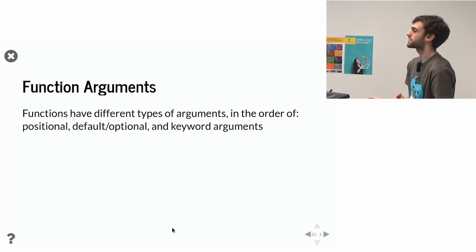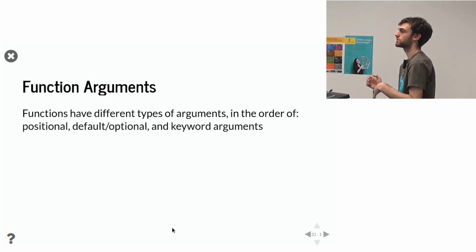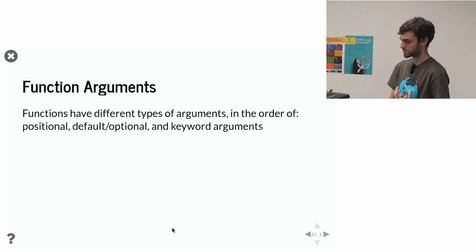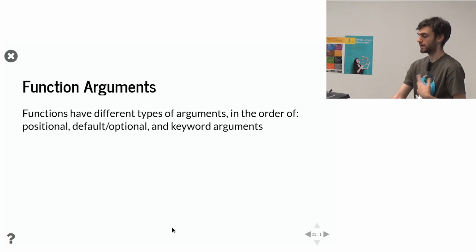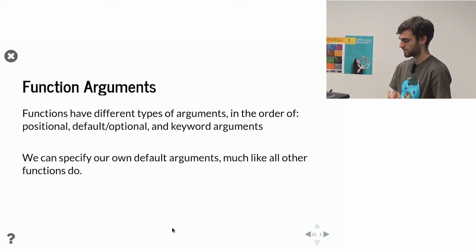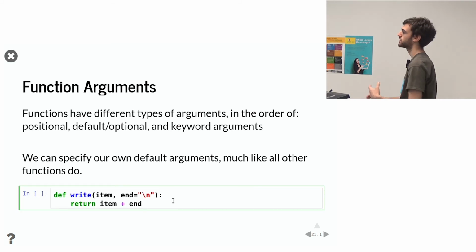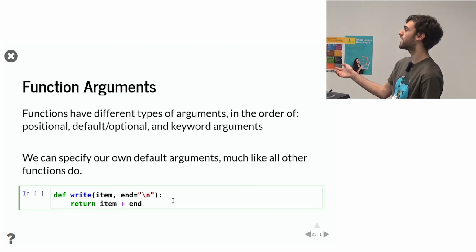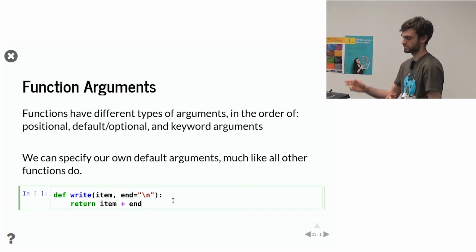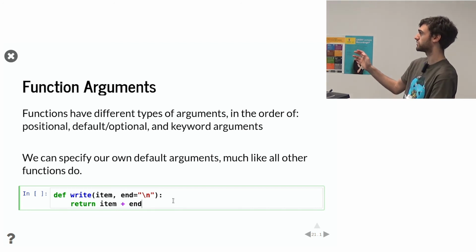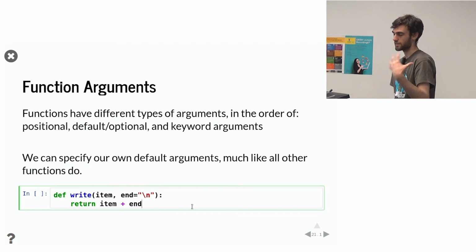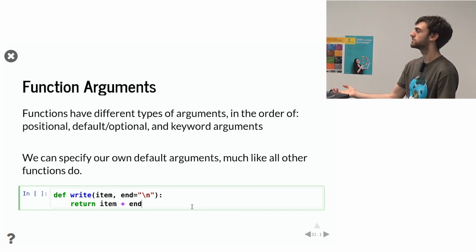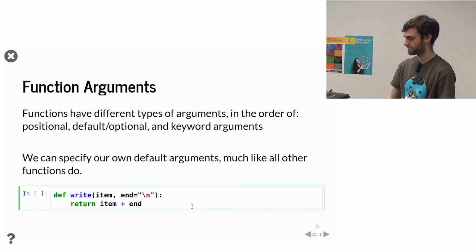The other nice thing about Python is that it has support for a lot of function argument stuff. So you can define positional, default or optional, and keyword arguments. So for example, we're going to make a function called write, and it takes in an item, and it also has a default argument called end, which has a newline. So now our write function returns the item and then the end at the end of it.